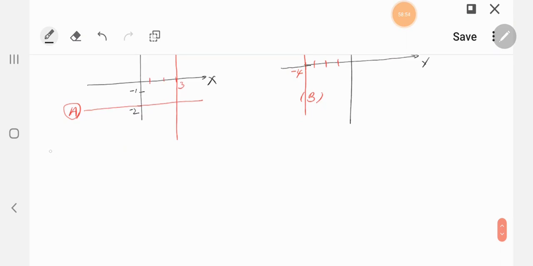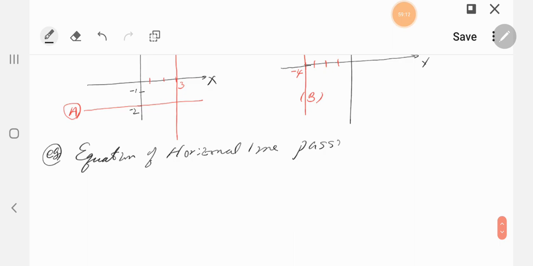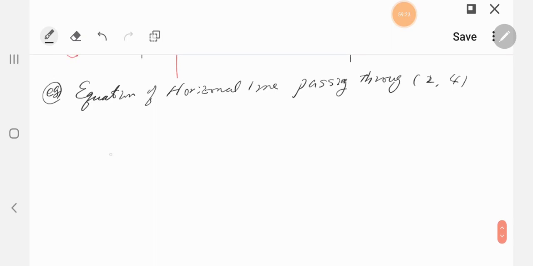Okay, just an example. What is the equation of the horizontal line passing through 2 and 4? If you are not sure, then draw a little diagram.